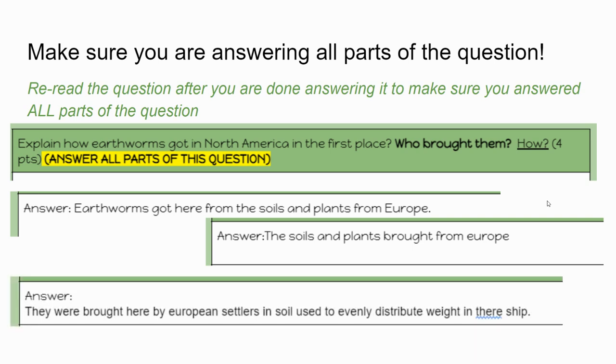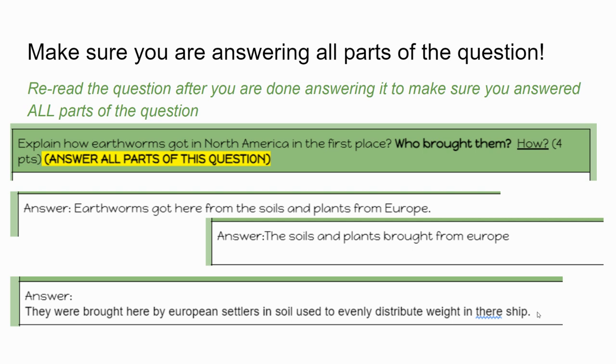And then this last answer, they were brought here, so they turned the question around. This is very good. By European settlers. Awesome. In soil used to evenly distribute weight in their ship. So even though they used the wrong word there, this is a good answer.